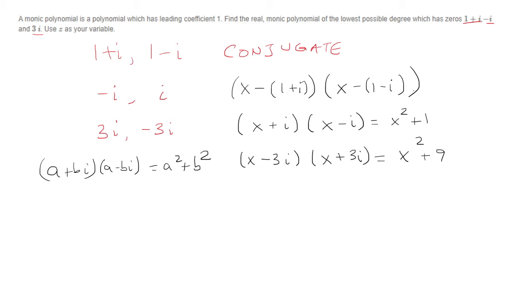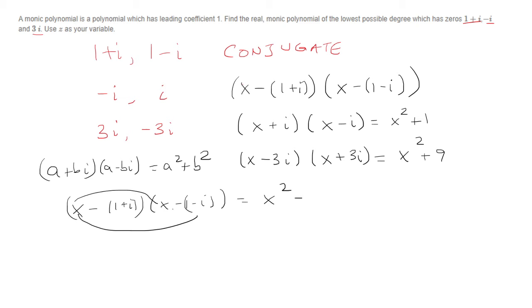And now for this, unfortunately, we have to do it the long way. And I'm just going to put it underneath here. So this one, you have to FOIL it out. So first do x times x, that's x squared, and then outside, so x times negative, or the opposite of 1 minus i. So let's do this. We have the negative outside, and then we'll distribute the x here.